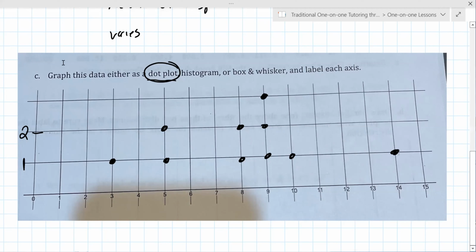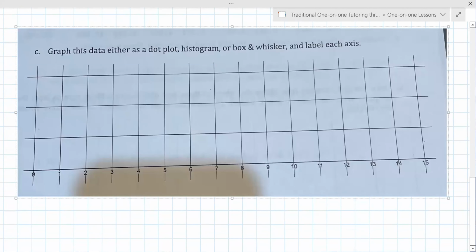Okay, so let's do it for a histogram now. Histogram is really similar. So you count the number of numbers you have. In this case, you have 1 3. So it's got a height of 1 at 3. And then for 5, there are 2 5s.